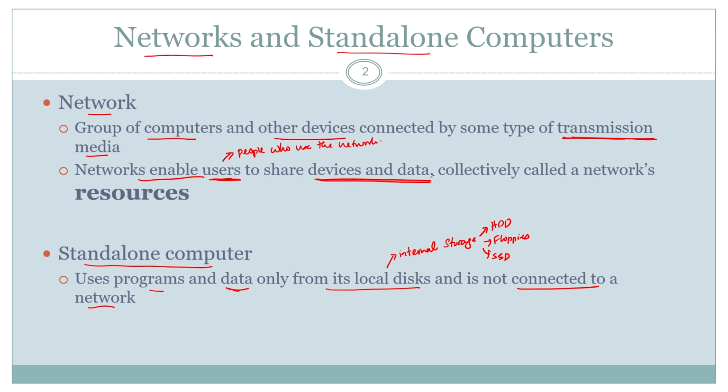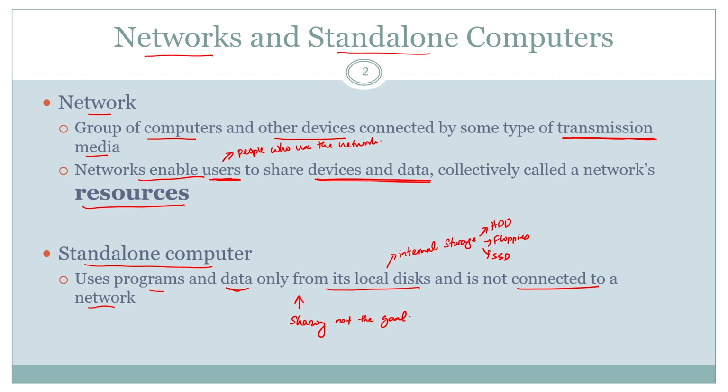Okay. The main thing is sharing. Sharing is not the goal in a standalone computer, whereas in a network the main aim is to share devices and data, and these devices and data are normally known as network resources.